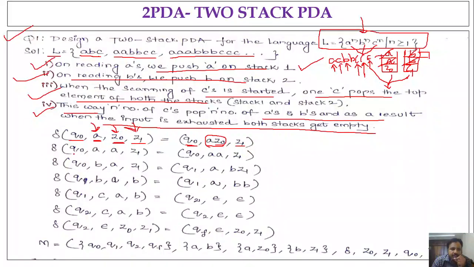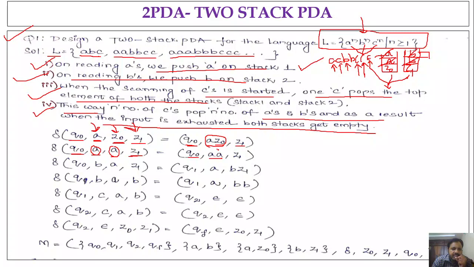Next one, if the present state is q naught, if the current input is A, top of the stack 1 is also A, and stack 2 top of the stack is Z1, then what we will do, since the input is A and top of the stack 1 is A, we have to push A, right? So we will be in same state q naught, we have to push A. Why?